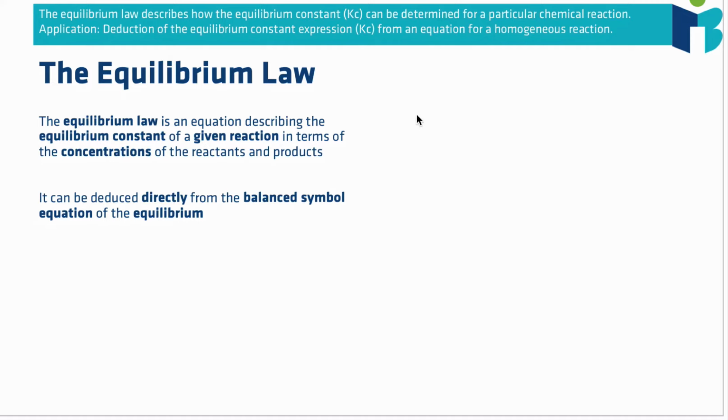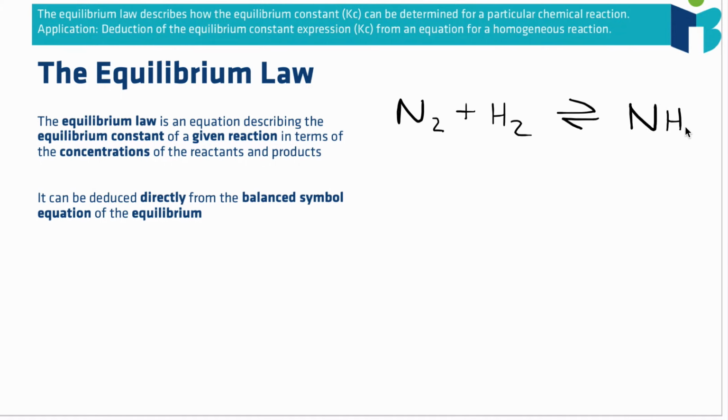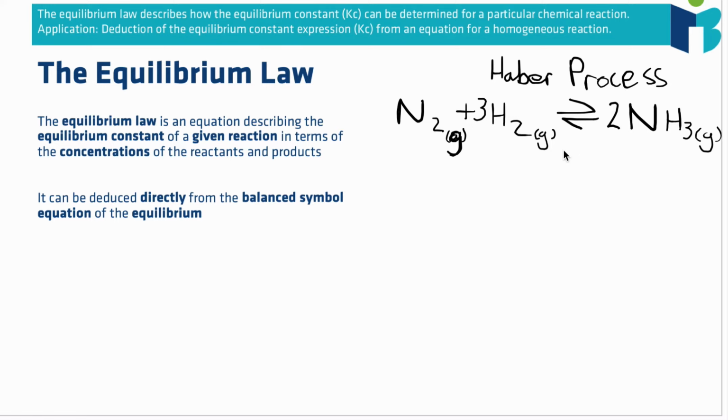So if we took a well-known equilibrium like the Haber process, we have nitrogen and hydrogen gas in equilibrium with ammonia gas. It's a very common industrial process. And a good example of an equilibrium is this reaction doesn't go anywhere near to completion.